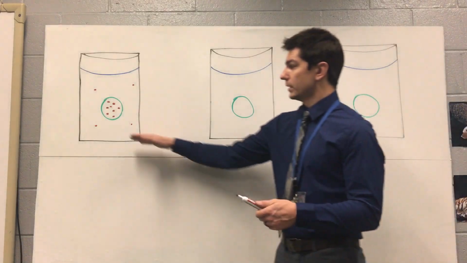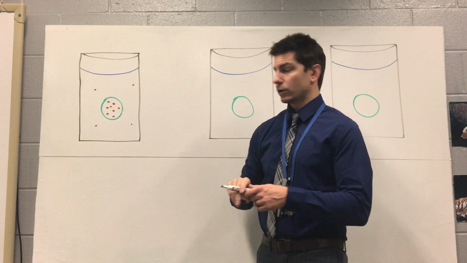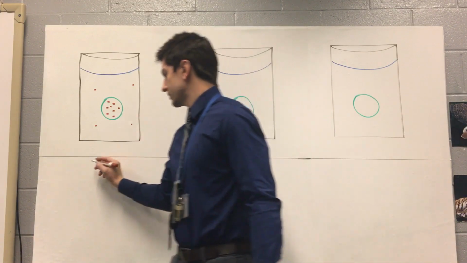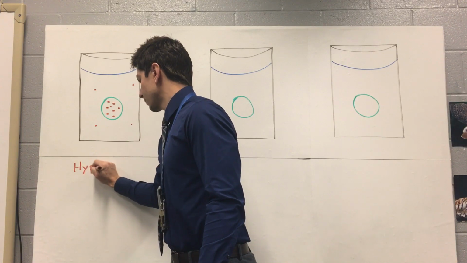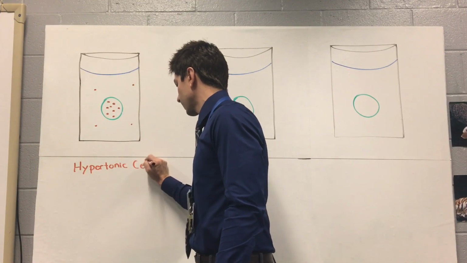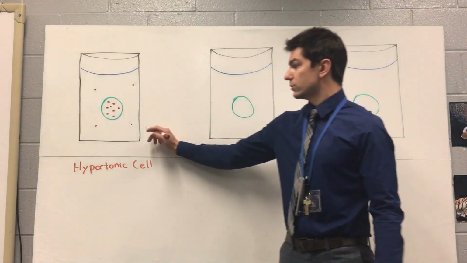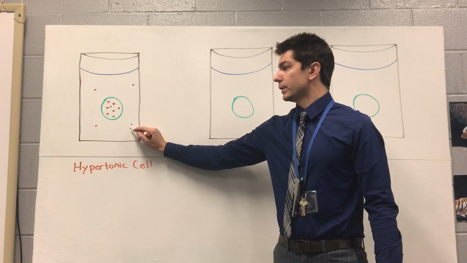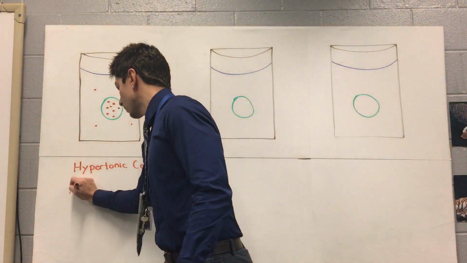So in this one, we have our cell, and our cell has more solute particles. So for this one, we would say that the cell is hypertonic. Okay? In other words, the cell has more solute particles. But we can also say that the solution, since it has less solute particles, is hypotonic.